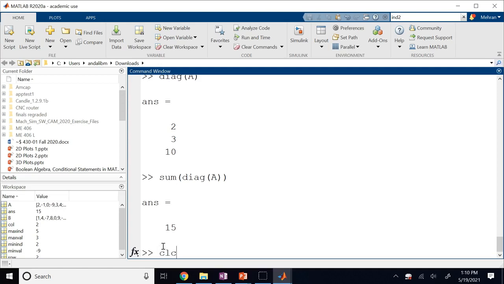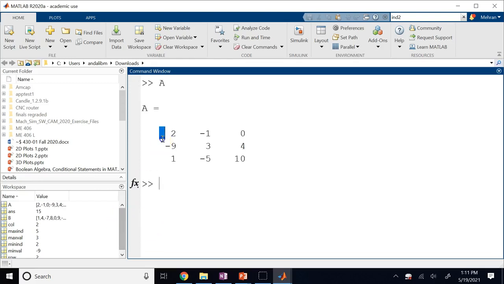And one other command I want to talk about is called repmat. This is a pattern of a matrix. So here, you see, I have matrix A, right? Now let's say I want to copy and paste another A to its right side. So what can I do?